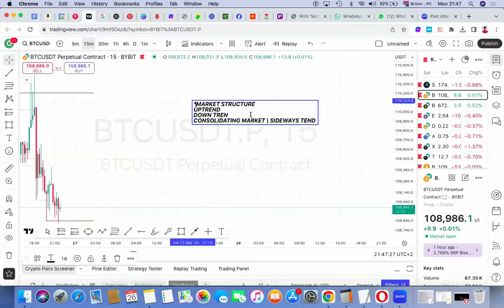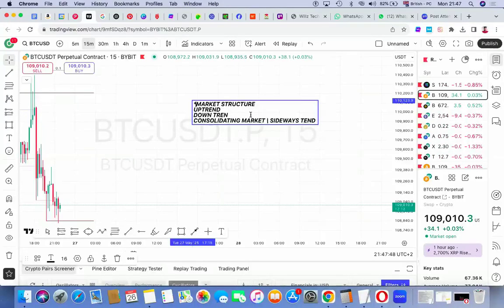When we say higher highs and higher lows, what do we mean? We mean the market breaking structures to the upside, creating new highs that are higher than the highs the market created before, and lows that are higher than the recent low that it created.